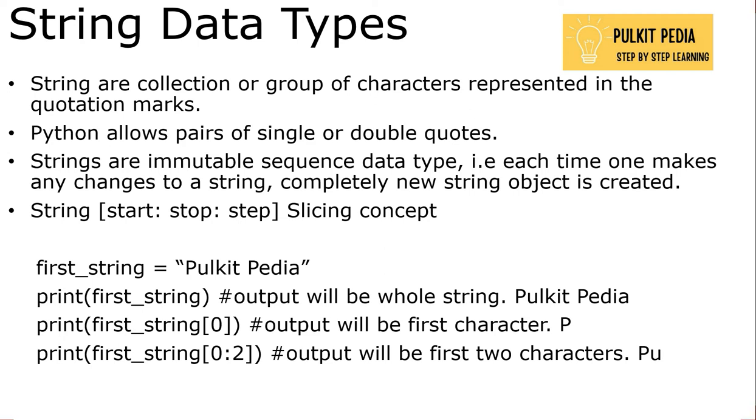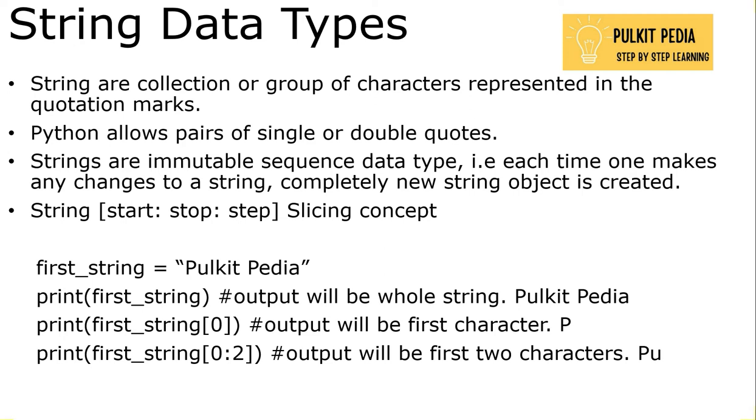There is a slicing concept in Python which we'll be using in various data types, like string and list majorly. What is slicing? If you want to access a certain position of the string, like Pulkitpedia, which has multiple characters, and you want to know which character is at a particular index or position, you can use the concept of slicing.